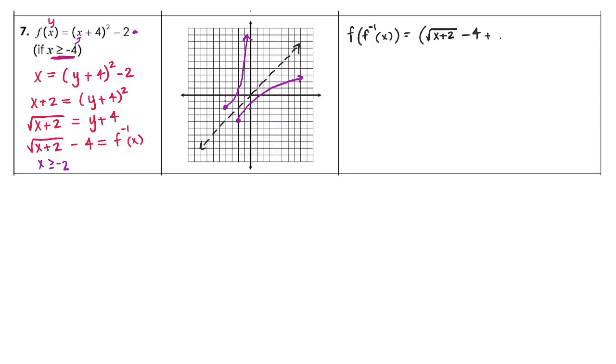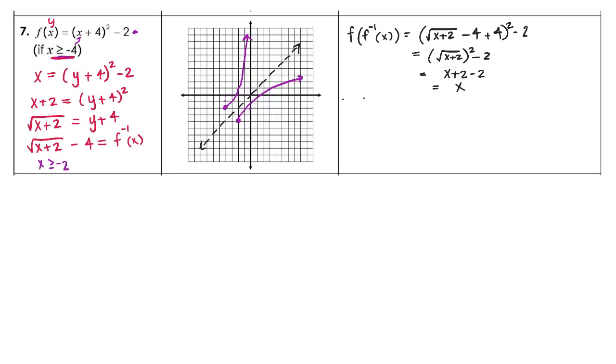And then we had plus 4 from the original, all squared, and then we have minus 2. So going through this, we are going to have the square root of x plus 2, all squared, minus 2. And then this one is going to end up being x plus 2 minus 2, which does verify us to get x.